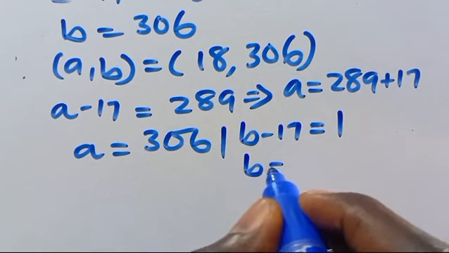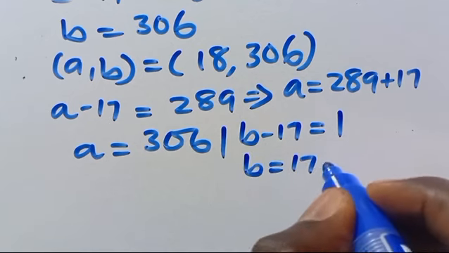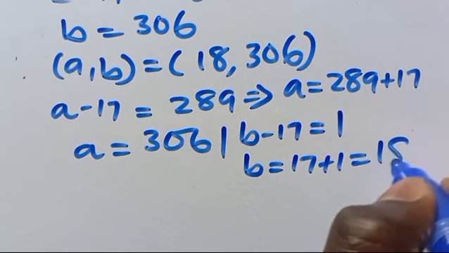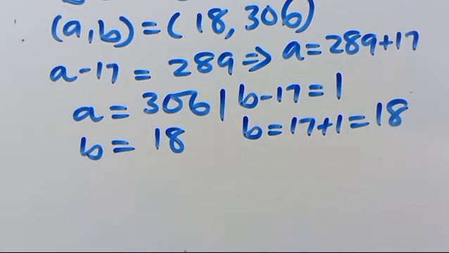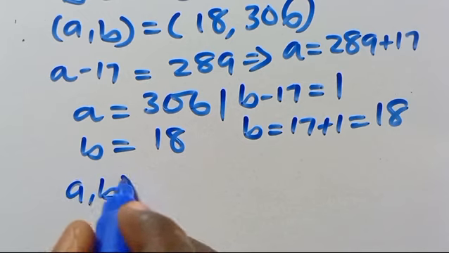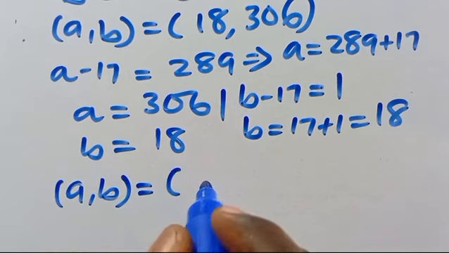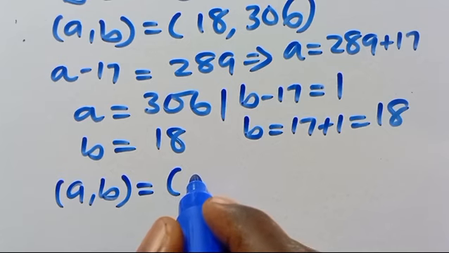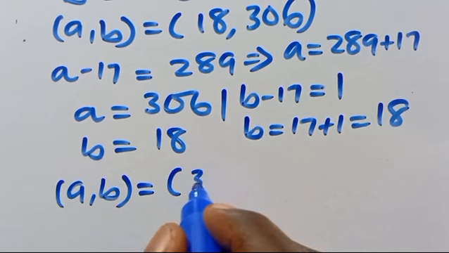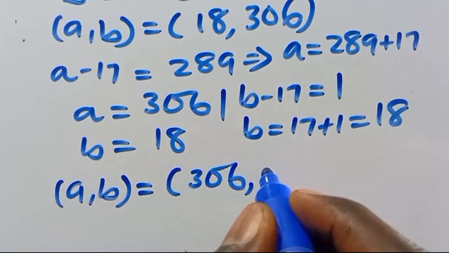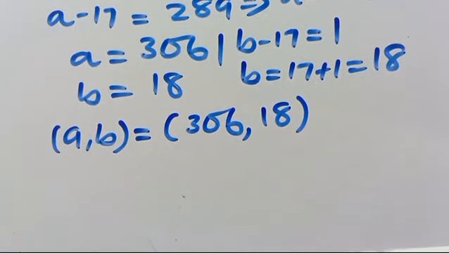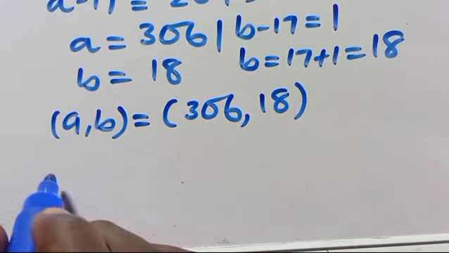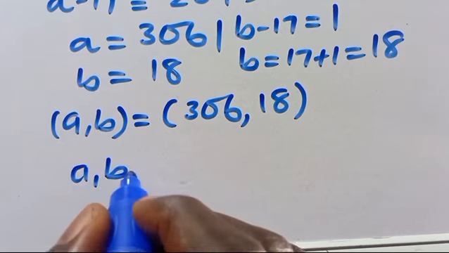So we have b equals 17 plus 1, and this equals 18. So we have a comma b equals 306 comma 18.